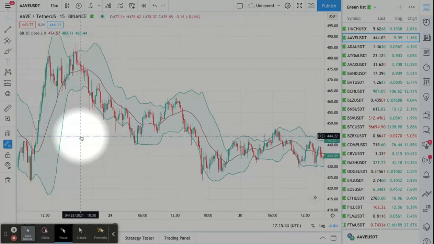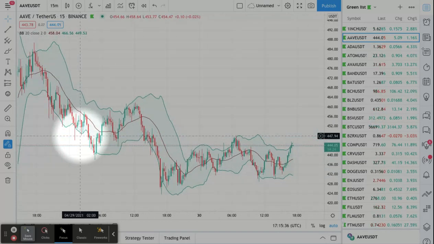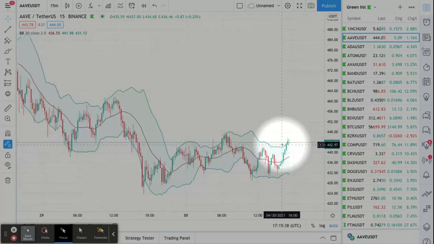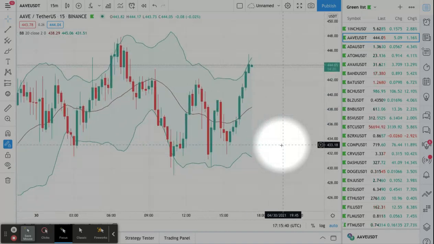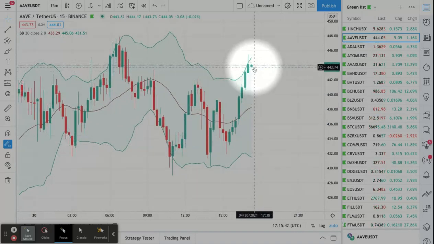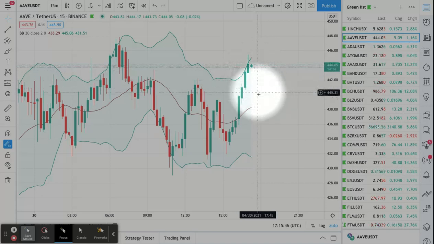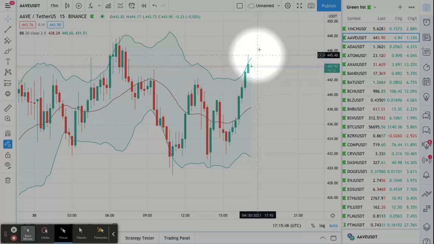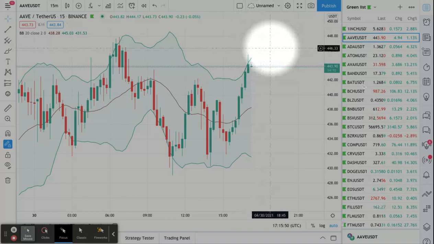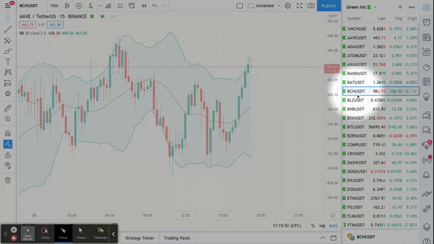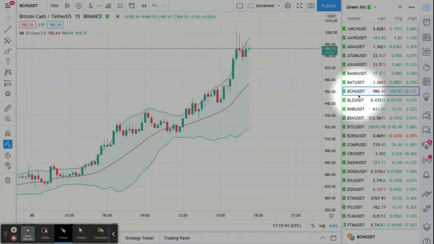It looks like maybe it's going to bounce, but again, you have to make sure that it's actually going to, because you could very well go long or go short here, expecting it to come back down, and it keeps going long. Okay, so there are some big movements on some of these.